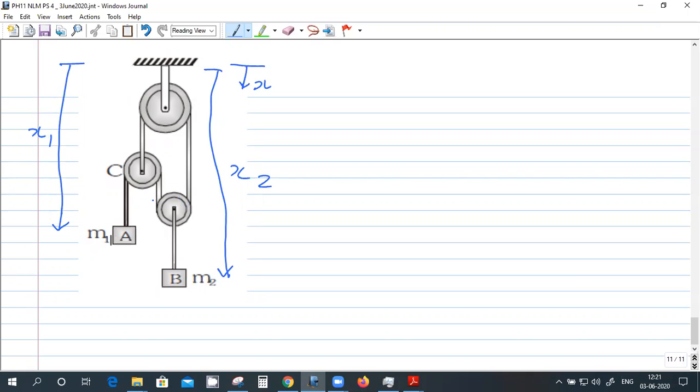Now I have to express the length of the string in terms of x1 and x2. So what is the length of this string? This length is x1 minus xc.